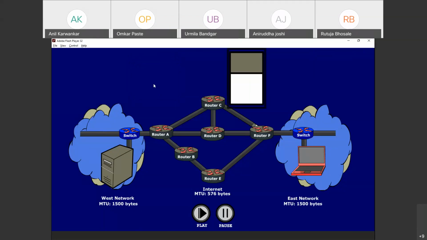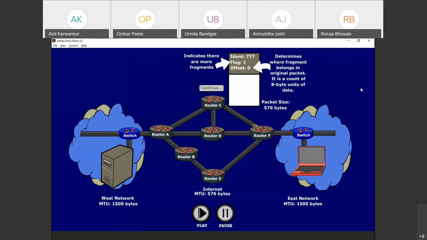See here, we have the identification for that particular packet, 777. The flag is now 1. This indicates that there are more fragments of the data.